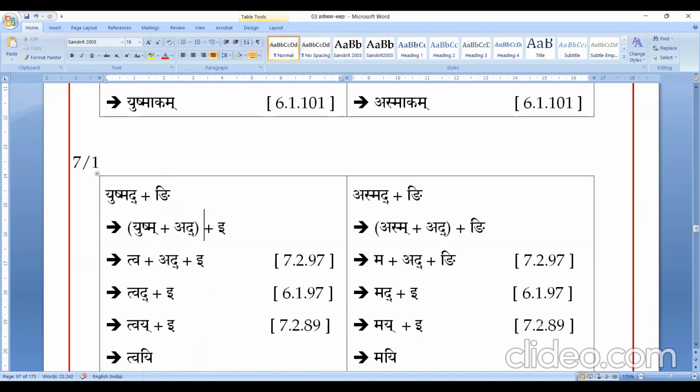So Yushmad plus Ni, it is Ekavachana, therefore Yushmad and Asmad, Mamparyantasya Yushmad Shabdasya and Asmad Shabdasya, as we have seen, will be replaced by Tva and Ma in Ekavachane.